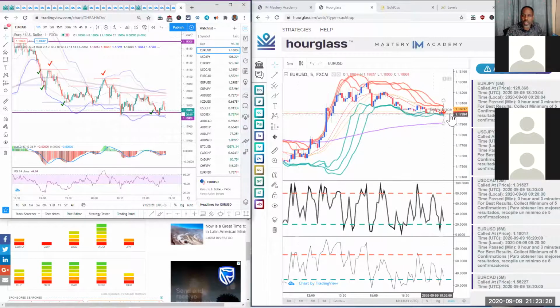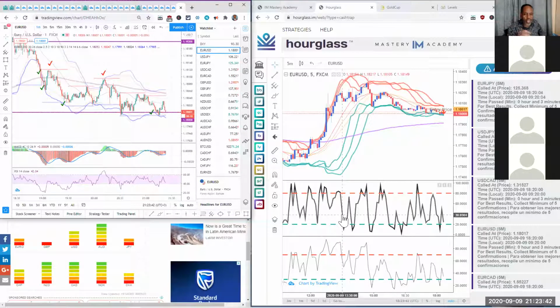But the only thing that you need to know about this hourglass, and why I like to use both, is because the hourglass is on a 5 minute chart. So again, there is an important thing that you need to have when you use two different time frames. In fact, when you trade with Evan Capral, he uses 5 minutes and either 2 minutes or 3 minutes concurrently on his screen.